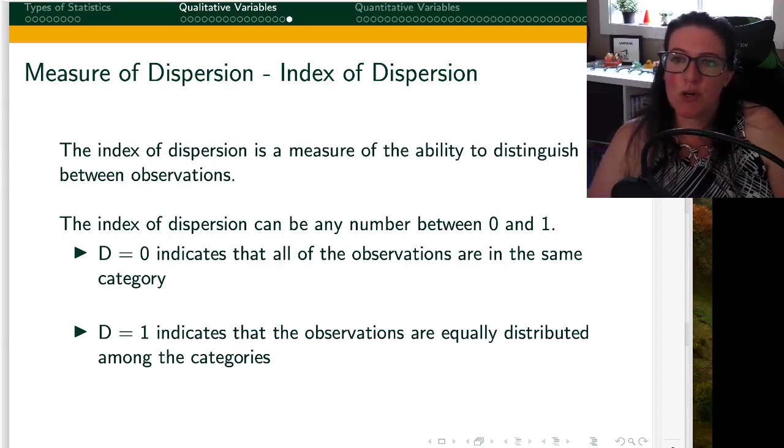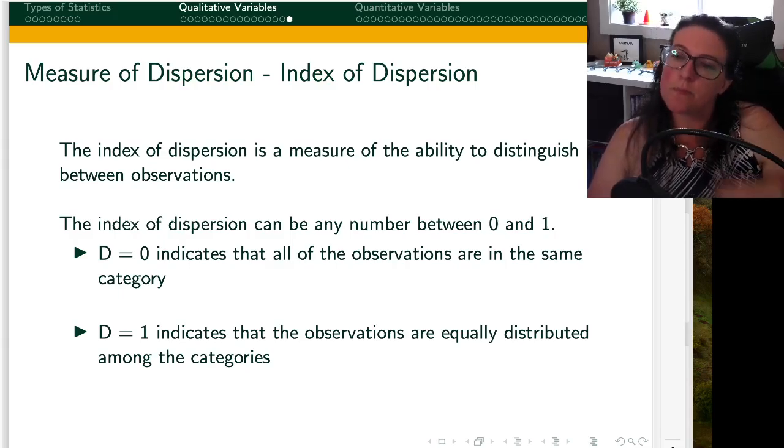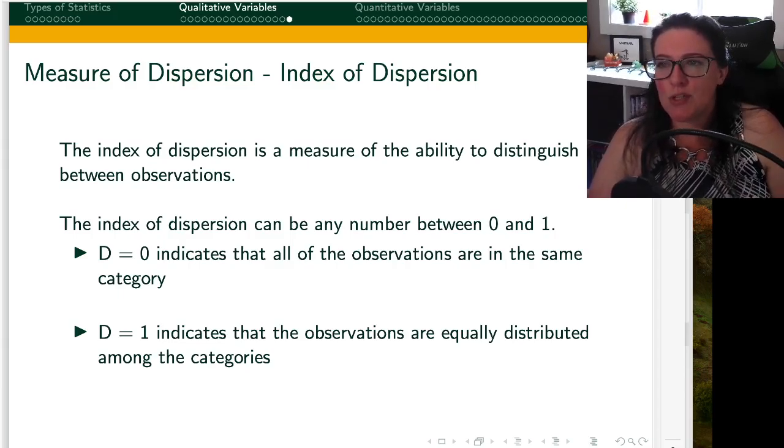The index of dispersion is 0 if all the observations are in the same category, so 100% chose popular. The index of dispersion is 1 if it's equally distributed, so we have three categories, 33% each, and so then you get a number that's in between.